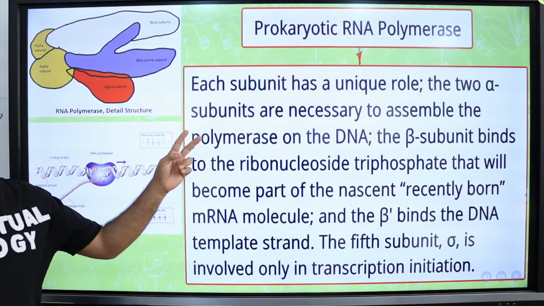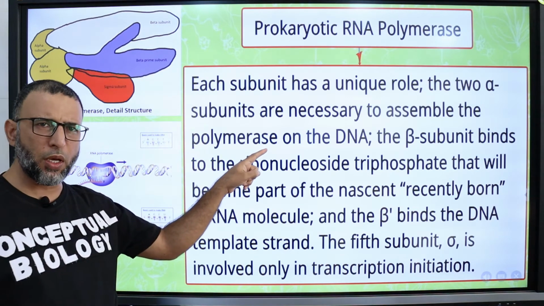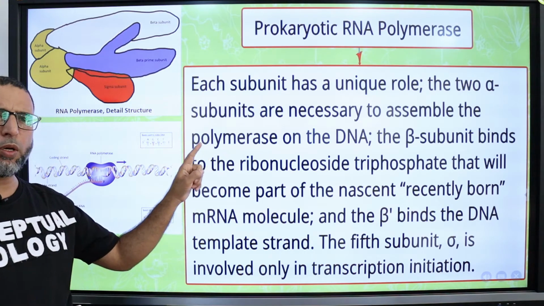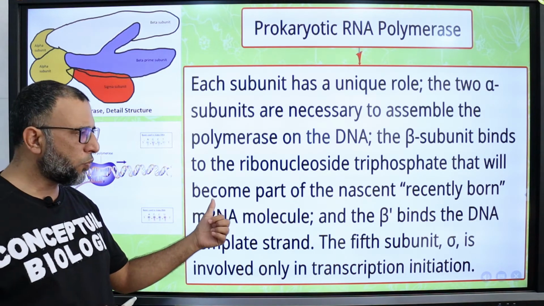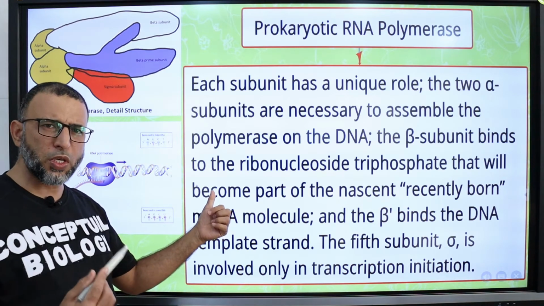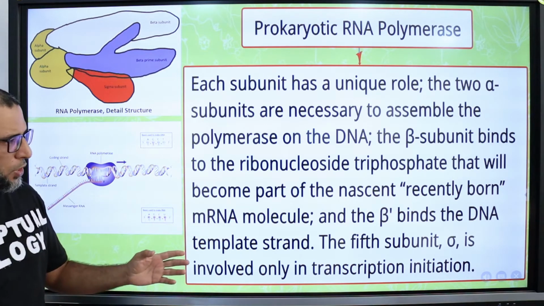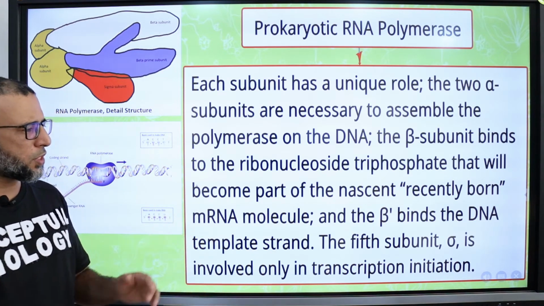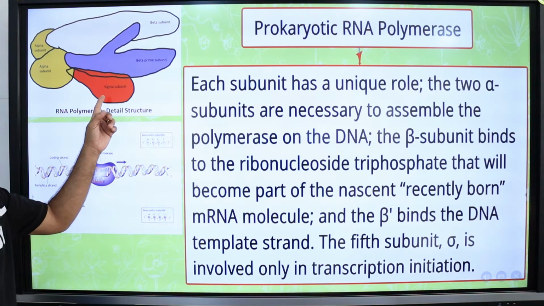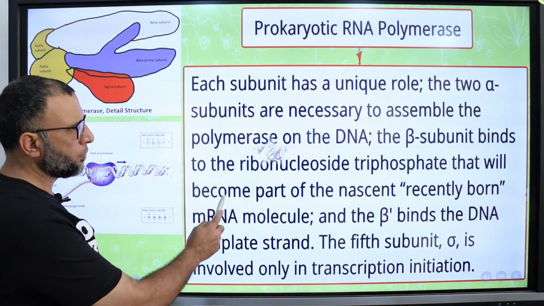The 2 alpha subunits are necessary to assemble the polymerase on the DNA. Beta subunit binds to the ribonucleoside triphosphate that will become part of the nascent newborn mRNA molecule, and beta prime subunit binds the DNA template strand. The 5th subunit, called sigma subunit, is involved in transcription initiation.